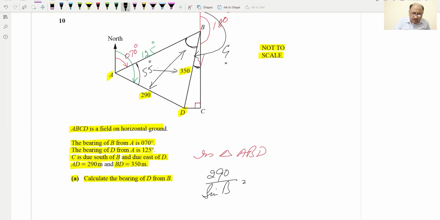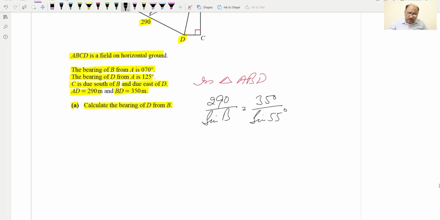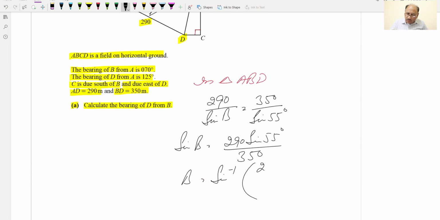These two we are taking as opposite sides. Now we can calculate sine B is equal to 290 sine of 55 degrees divided by 350, and B will be equal to sine inverse of 290 sine of 55 degrees over 350, and this value we can calculate.